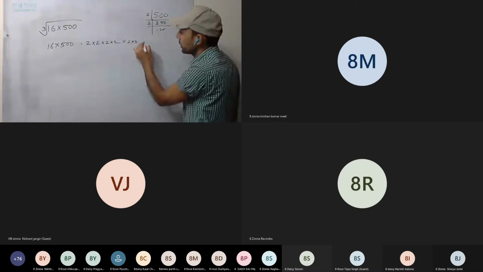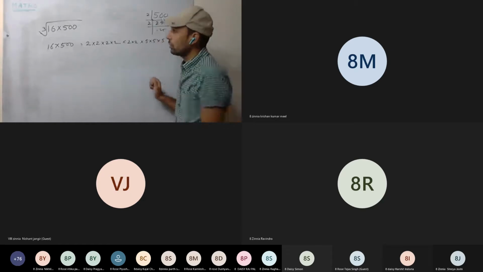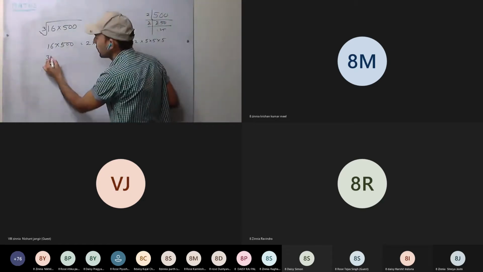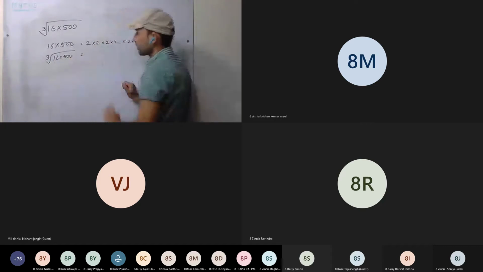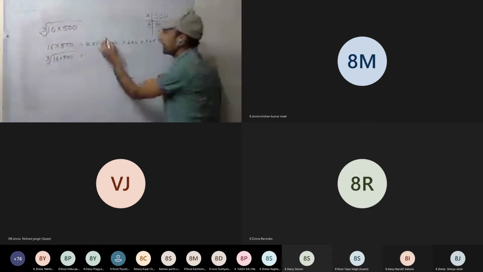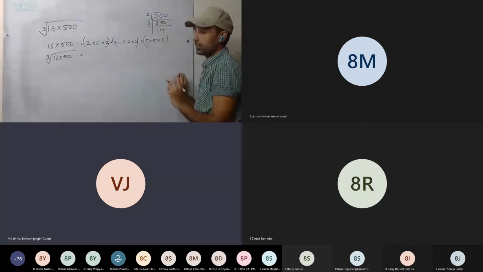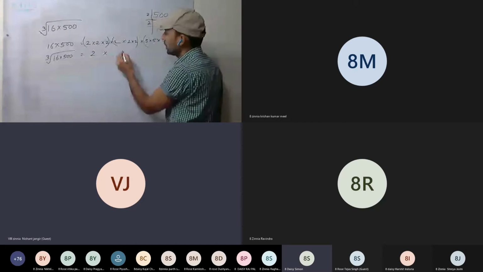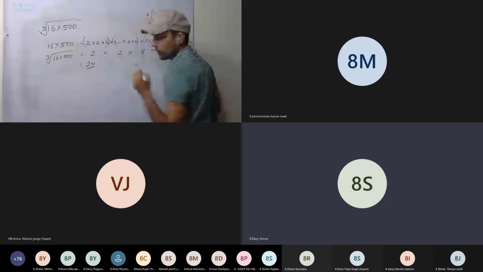So 2 into 2, 5 into 5 into 5. Now cube root of 16 into 500, how much it will be? 2 into 2 into 5, 20.